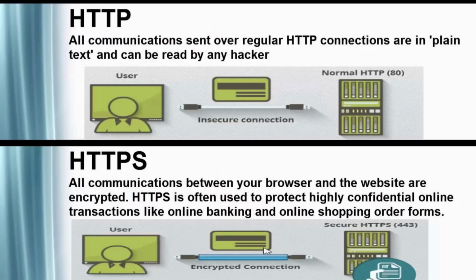Port 80 is used for standard web communication, and data is transmitted in plain text, meaning it is not encrypted. This means that anyone with access to the network could potentially read the information being transmitted.